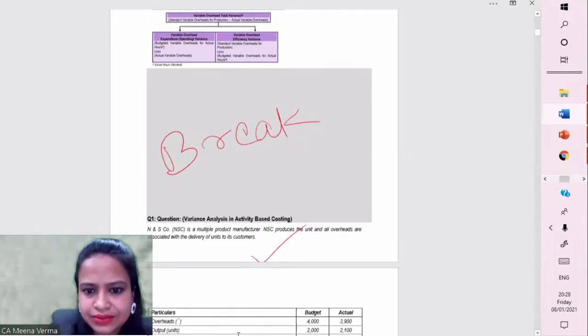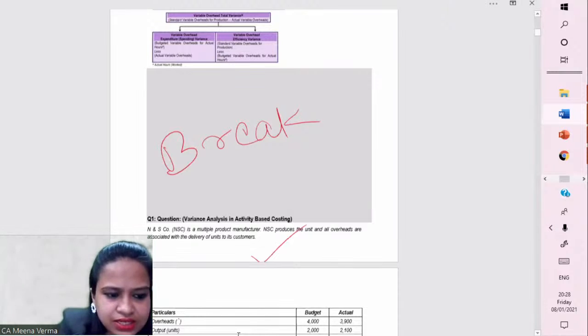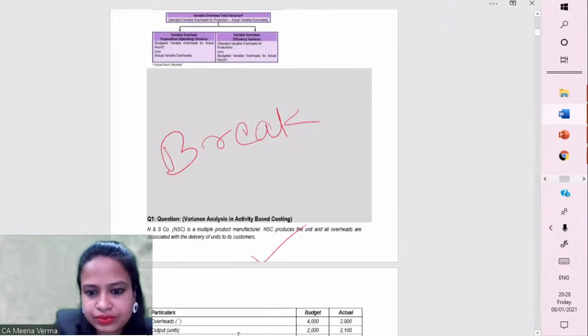Can you elaborate, ma'am? Yes. This is the standard activity for actual output minus actual activity, into the standard cost of activity.